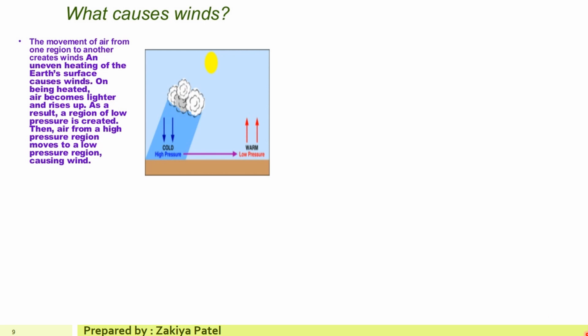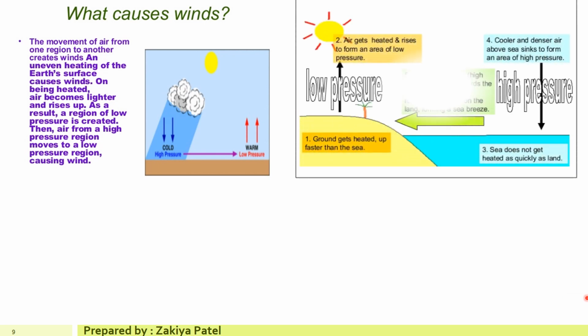Do you get it, dear students, how air moves from one place to another by creating low pressure and by moving from high pressure to low pressure? So here also we have to discuss two areas: what happens during daytime and what happens during night time. Let's see first what happens during daytime.